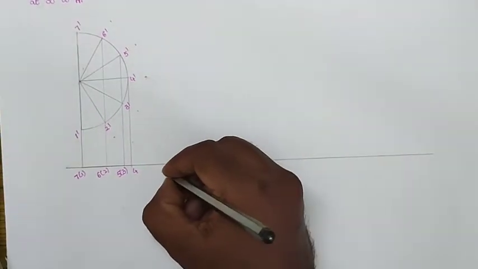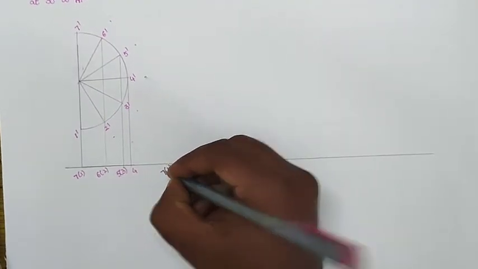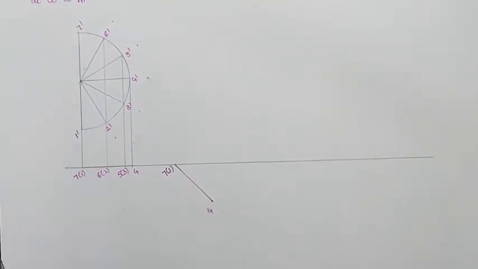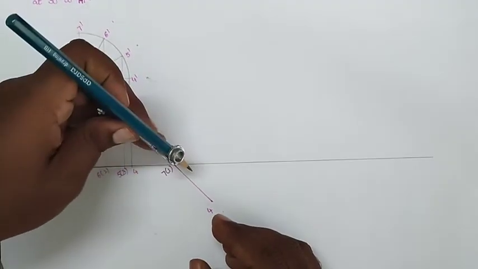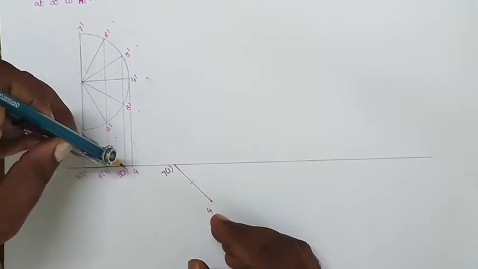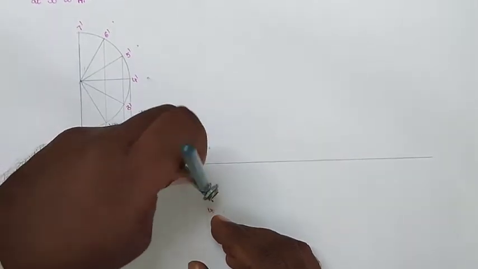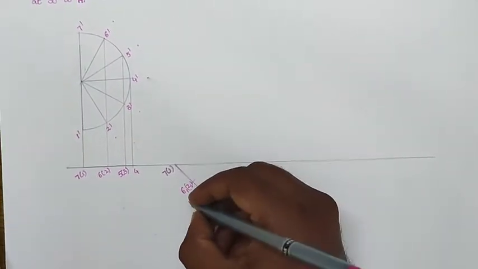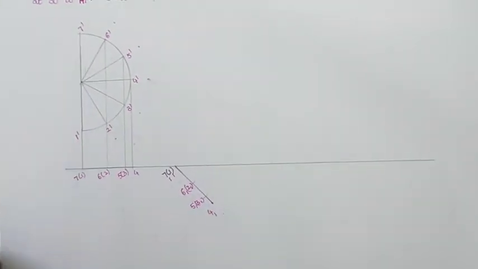Here I am locating 7, 1, this one, and this is 4. After locating, we measure the distance from 1 to 2. We locate point 2 and also 3, and points 4, 5, 6, 7 on the second top view also. This is 61, 21 and this is 51, 31 and this is 41 and 71, 11.